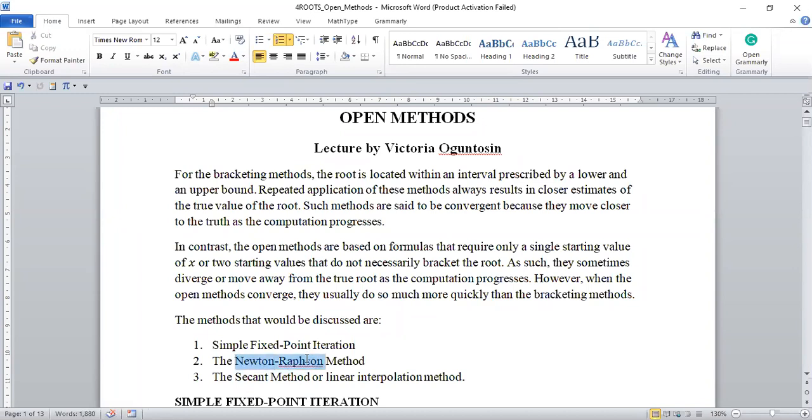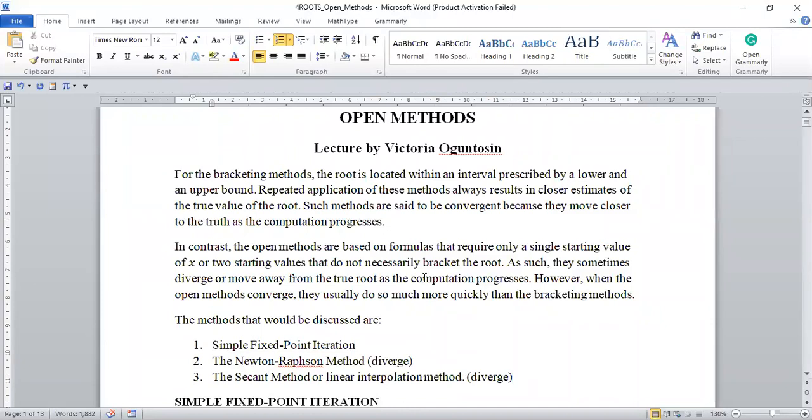The Newton-Raphson method, like we saw, suffers from divergence. The root could diverge, and that's a major pitfall, the downfall of the Newton-Raphson method. The secant method also suffers from divergence.